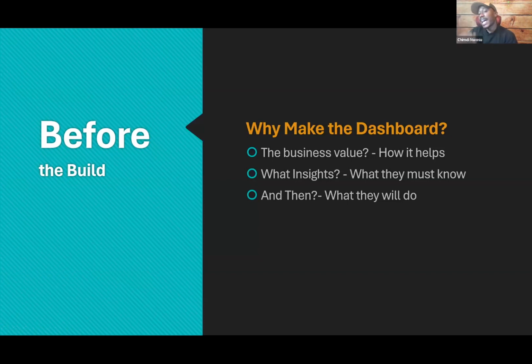What are the must-haves on that dashboard for them to be able to successfully see what they need to see, right? And then we now need to think about, okay, now that we know what they need to know, we can provide them the answers. And then what are they going to be doing with those answers? So now when we know what they're going to be doing with that information, we can craft our narratives in a way that gives them the ability to make those decisions based on the insights that we've shown them.